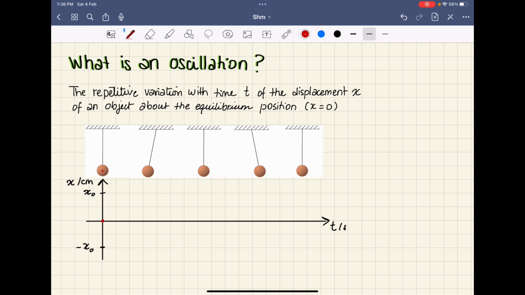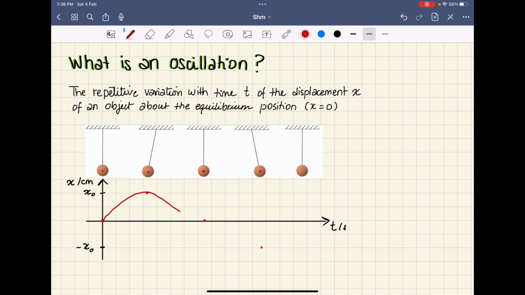The pendulum will reach the maximum displacement somewhere here, then go through the equilibrium position again, and then reach a maximum displacement on the other side, approximately here, and then back to the equilibrium position.